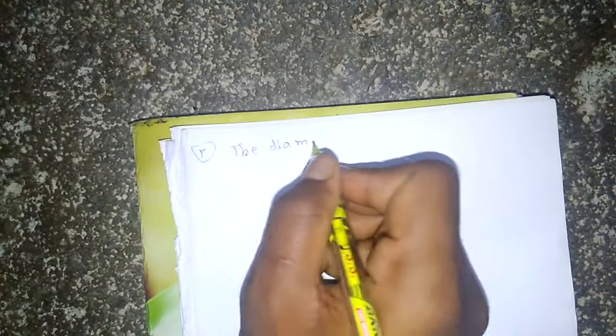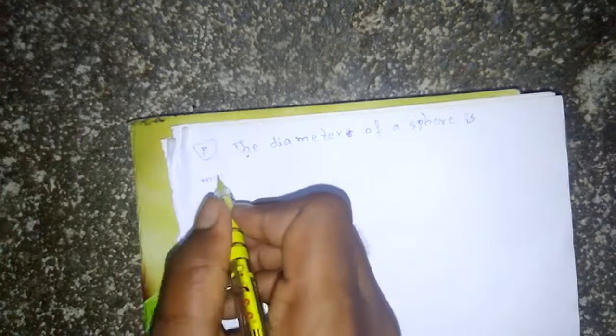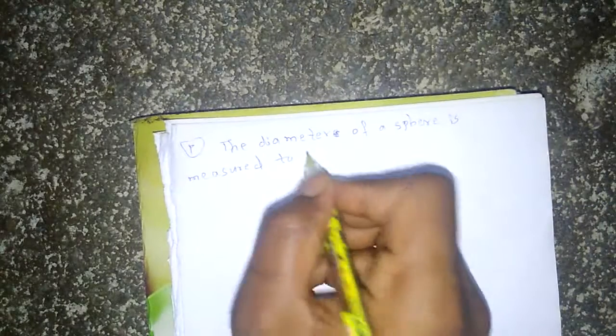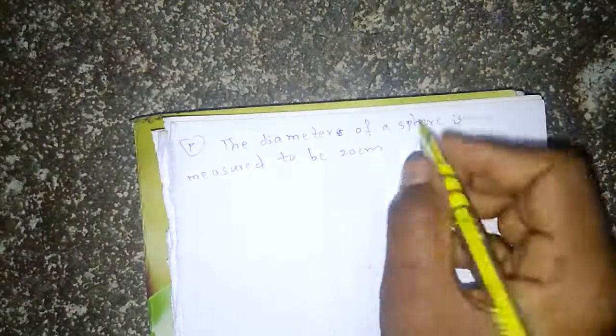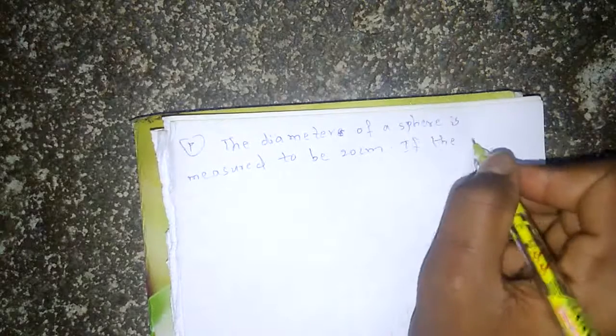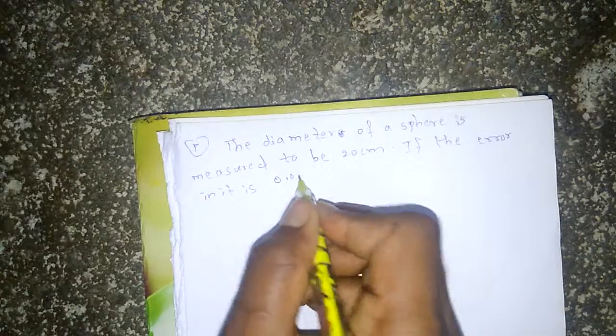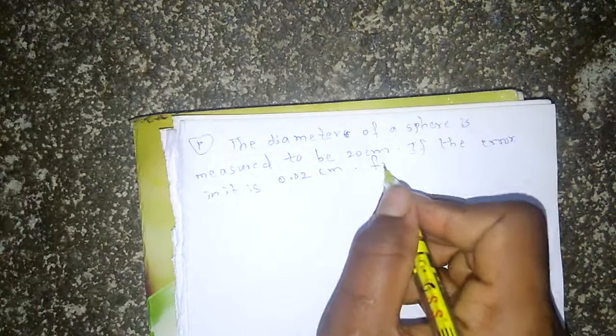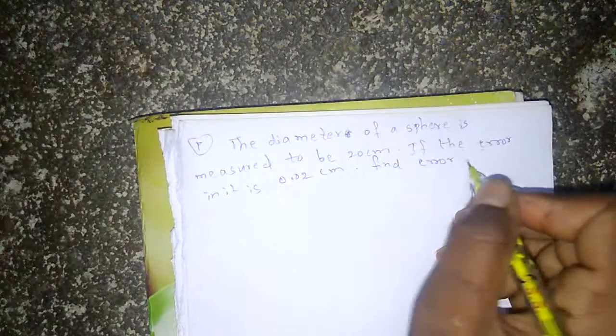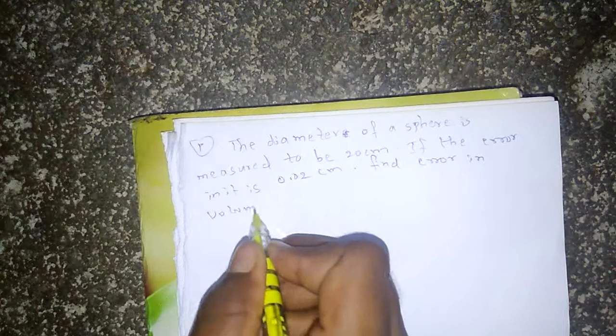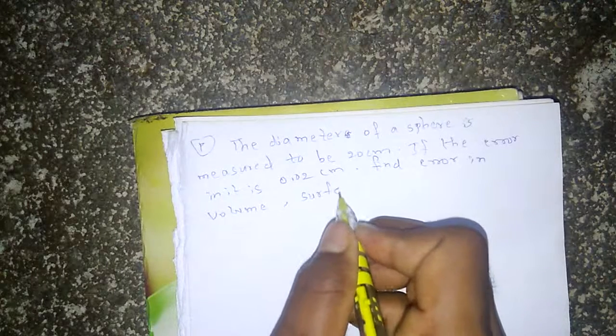Next problem is, the diameter of a sphere is measured to be 20 centimeter. If the error in it is 0.02 centimeter, find the error in volume, surface area of sphere.